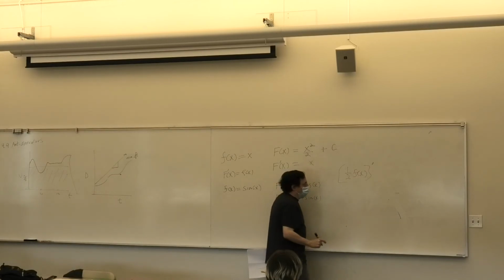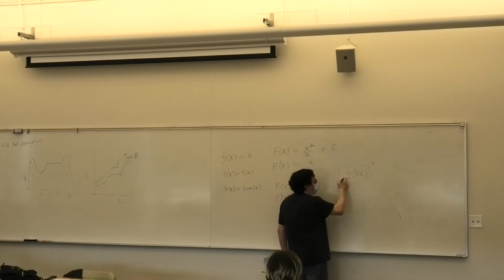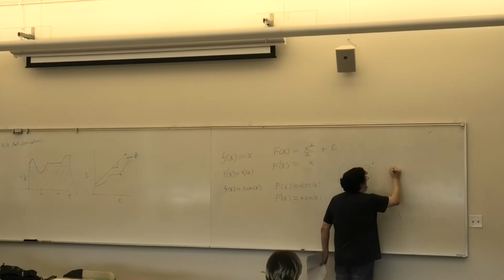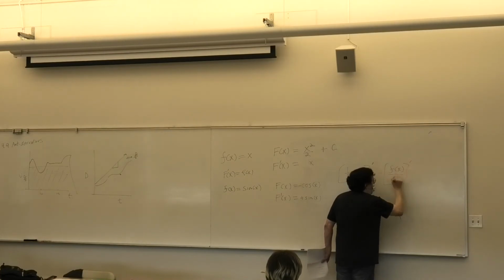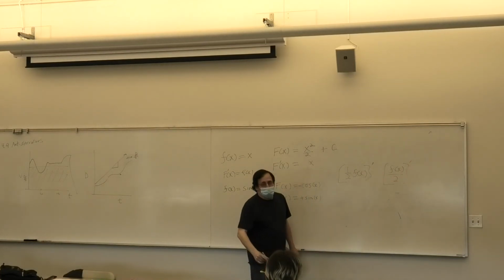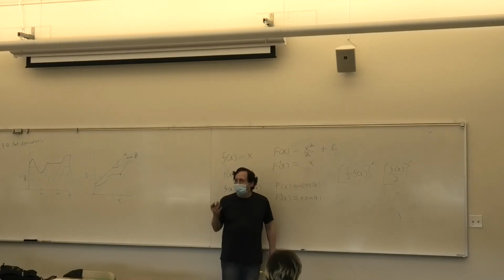But you raise a point. What if we think of this as a function, right? We want to find the derivative of f of x over this function 2, which is a perfectly good function. Let's apply the quotient rule. Right?